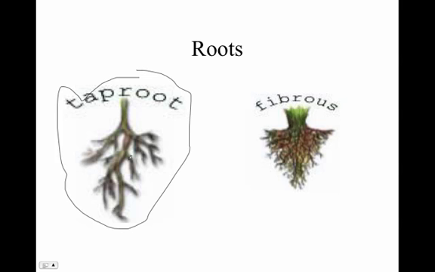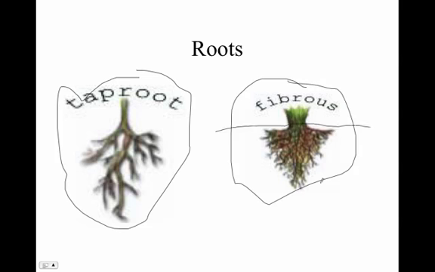And so they have to develop these huge taproot systems. However, some plants have these fibrous roots, and in fibrous roots, they don't go very deep. They're more towards the surface. So fibrous roots are for plants that live in very high water environments, like the tropical rainforests and so on.